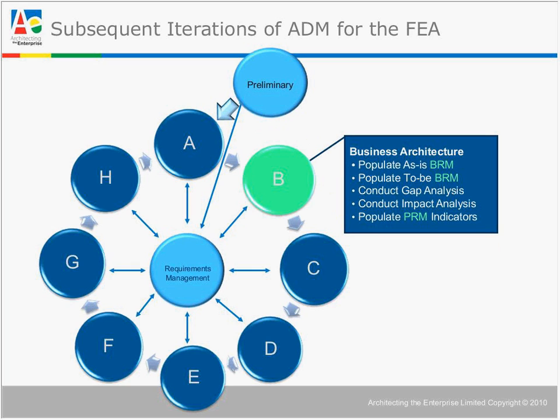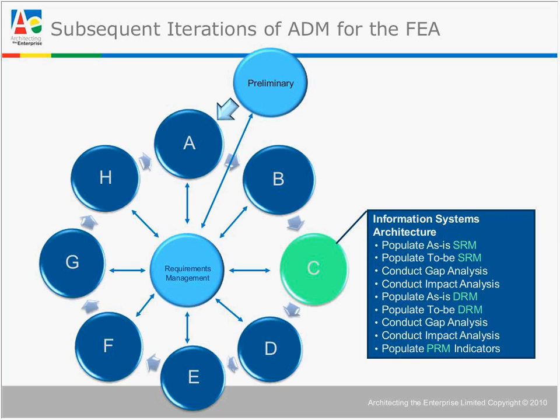Business architecture, business reference model. We're going to populate the as-is, populate the to-be, and conduct a gap analysis, impact analysis, and populate our PRM indicators.